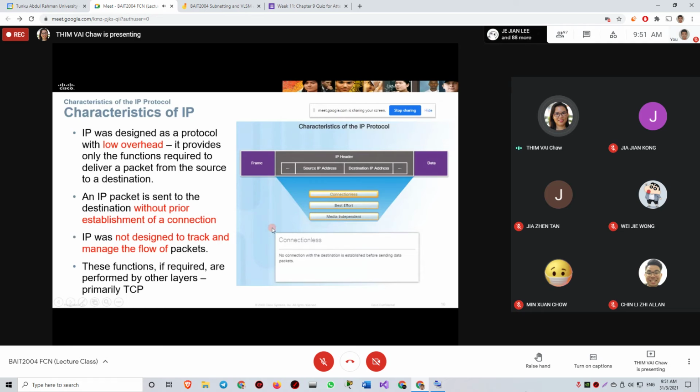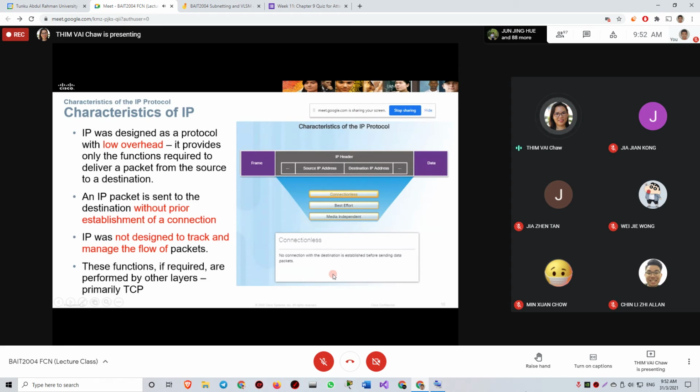Connectionless means that no connection with the destination is established before sending the data packet. What does this mean?